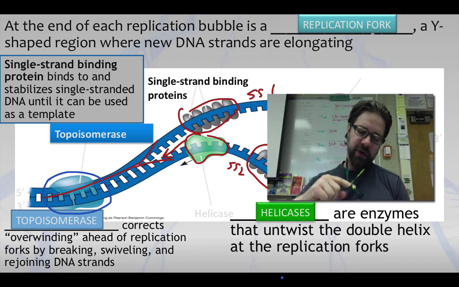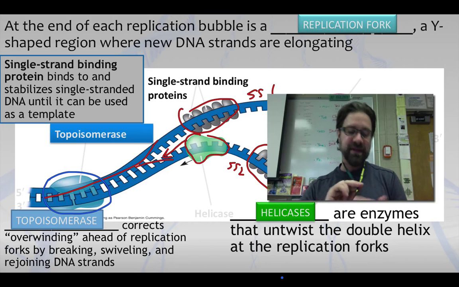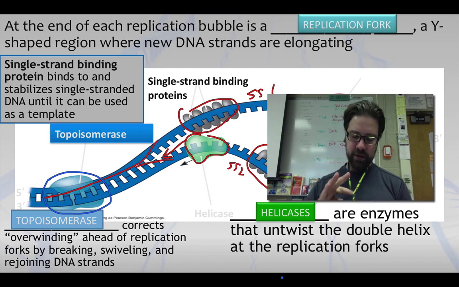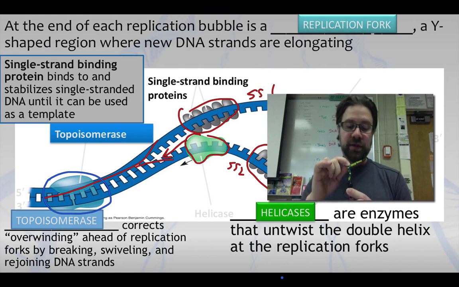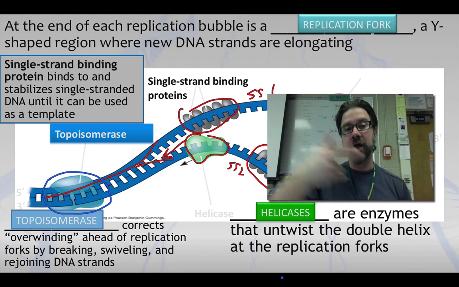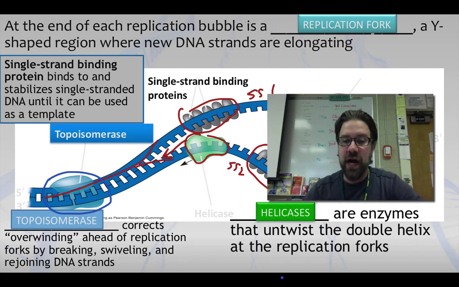But what I see happening is it gets really tightly wound down at the bottom. The same thing's going to happen with a DNA molecule. If this is a double helix and I go down like this, it's too tight and the helicase will stop in its tracks. So topoisomerase is going to come in and snip it, unwind it, swivel it, and rejoin it so the helicase can keep on doing its job.